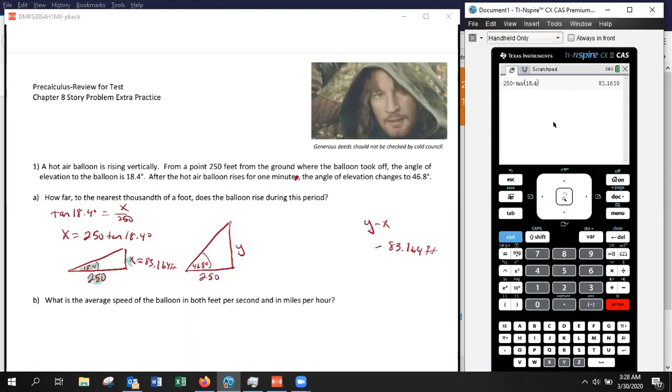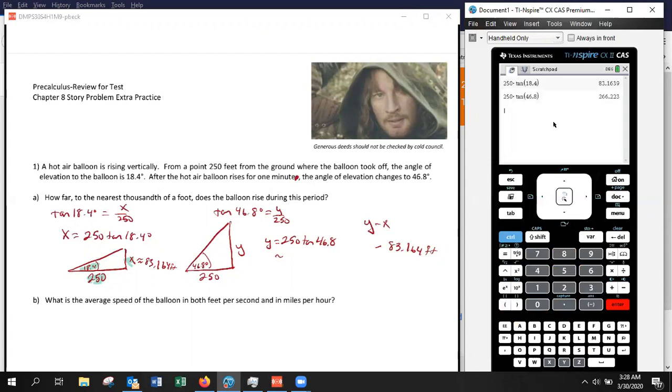Similarly, if I take a look at the second triangle, I could take the tangent of 46.8 degrees equals y over 250, or just write out y equals 250 tangent of 46.8 degrees. So 250 tangent of 46.8. And I forgot my parentheses. That looks better.